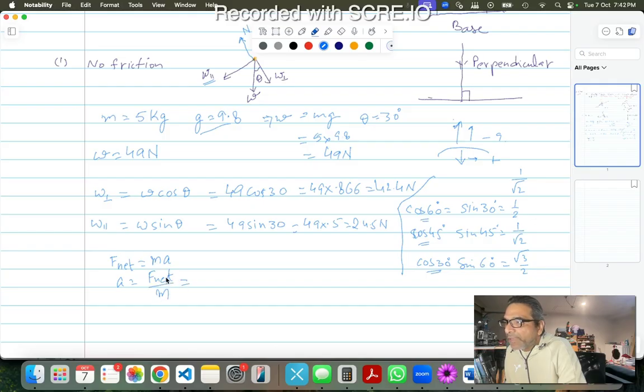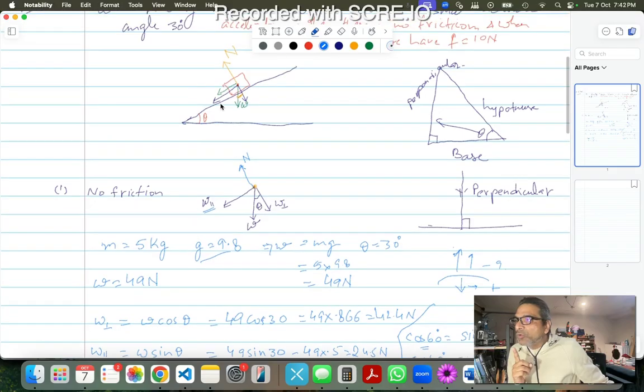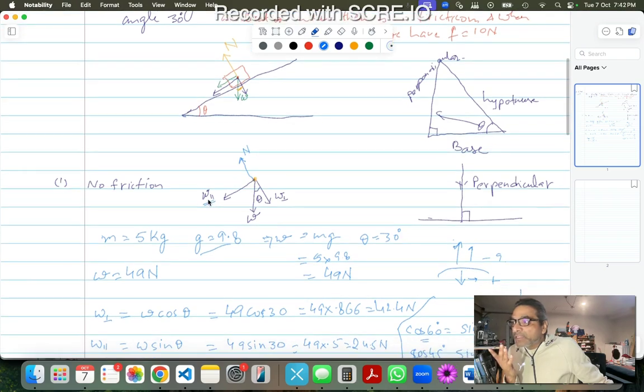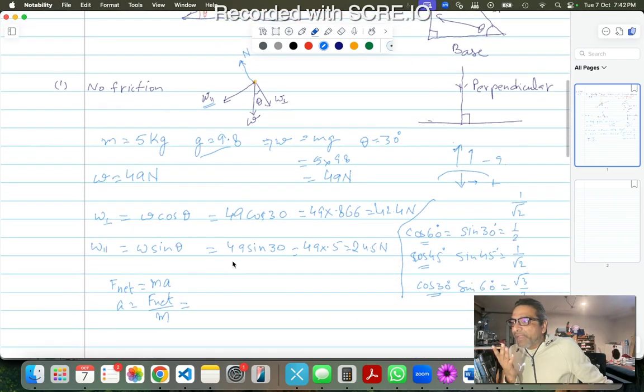So what will be the F net? Only one component is helping to move the block downwards, which is the parallel component. So the F net is equal to the parallel component, over m, which will give us the parallel component. Let me check.